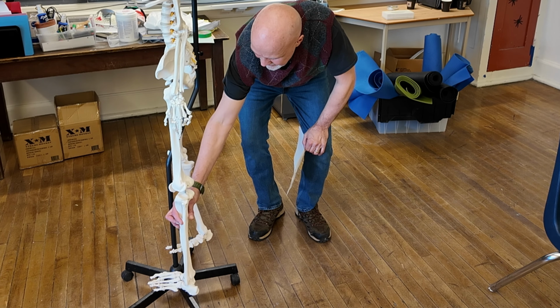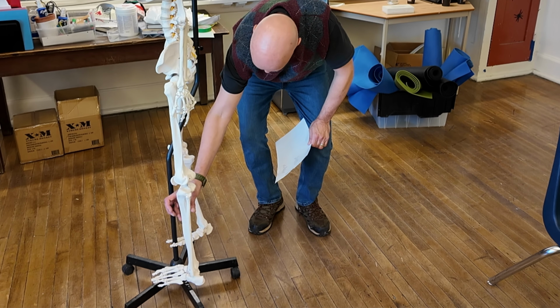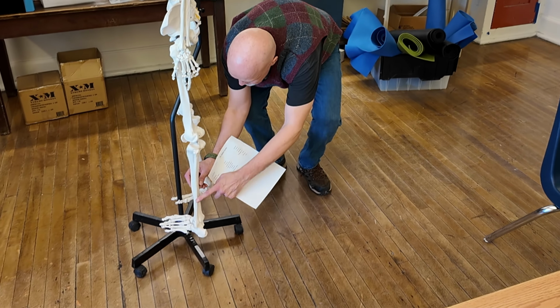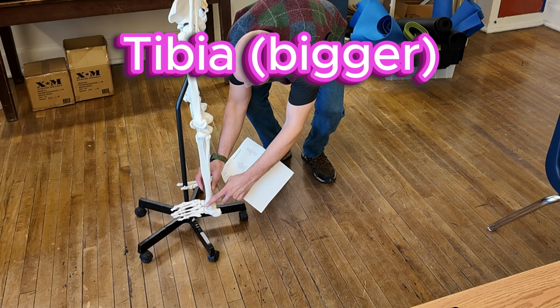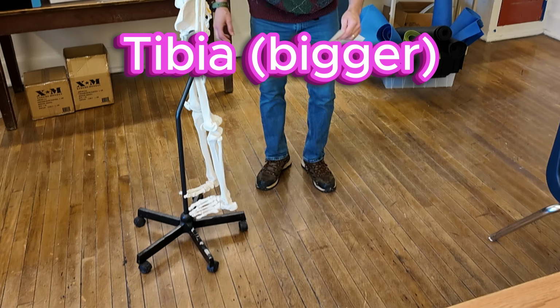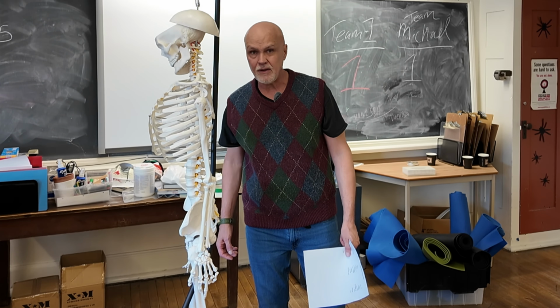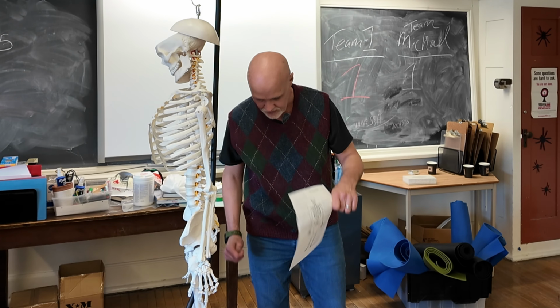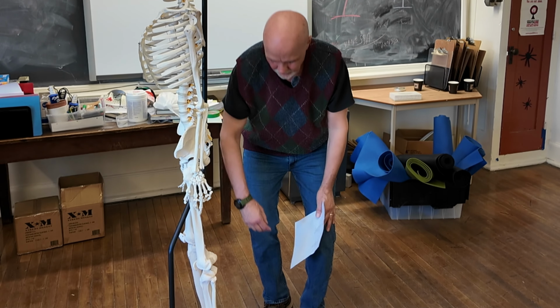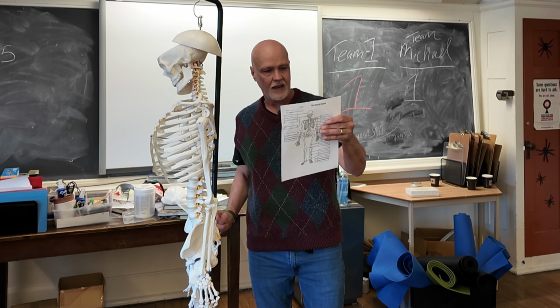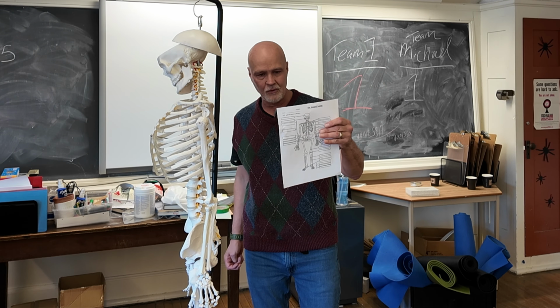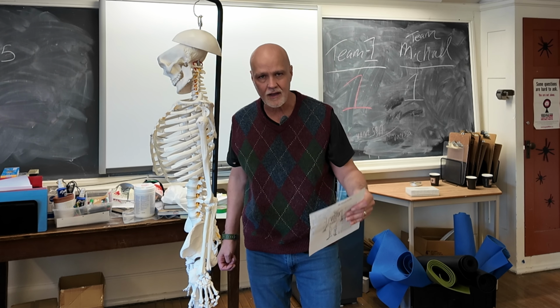Fibia, tibia. These two bones in the shin. The bigger one's tibia. Tibia, fibula. Thank you. Bigger one's tibia. Oh! Like Tiberius Kirk is the bigger of the two. Tibia, bigger. Fibia, smaller.